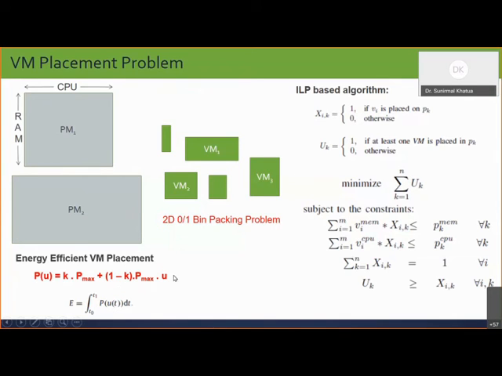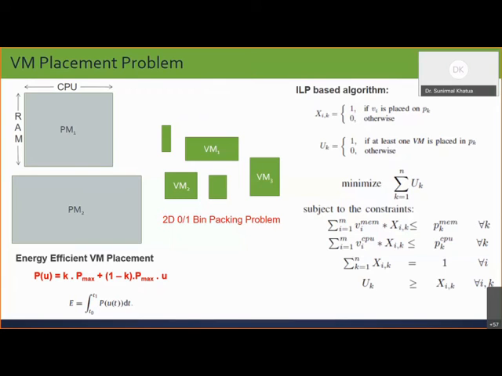Now that utilization is a function of time, and this P(U) also is now a function of time, P(U(t)). If you perform the integration from T0 to T1 of that P(U(t)), you can estimate how much energy you have. Based on that energy also, there is some contradictory optimization. Someone tries to optimize based on resource utilization, someone wants to optimize based on energy.